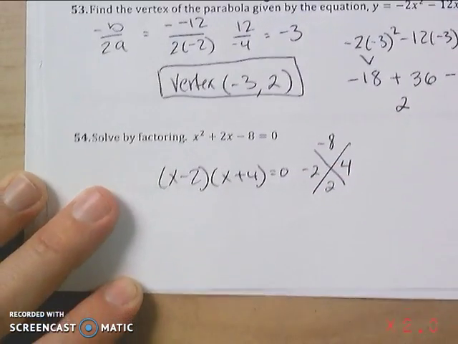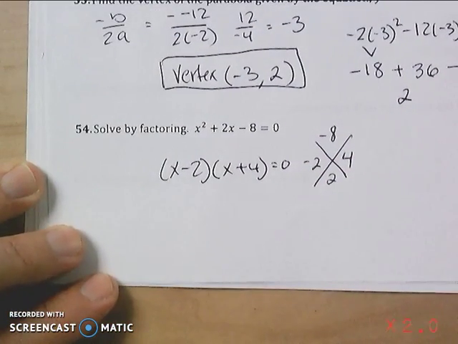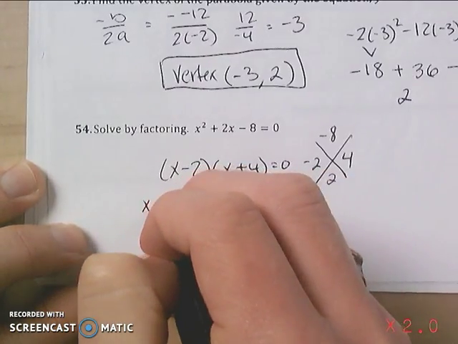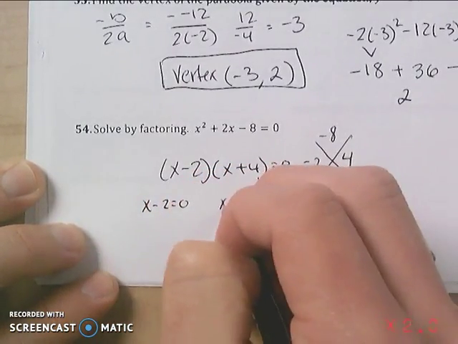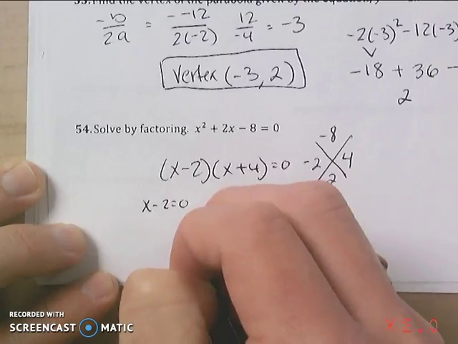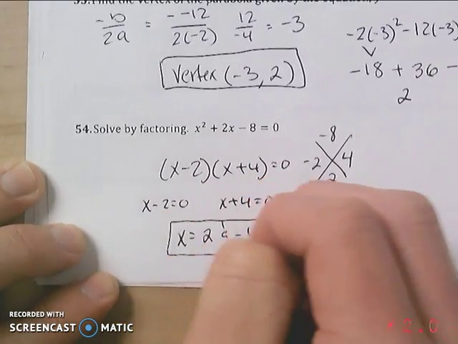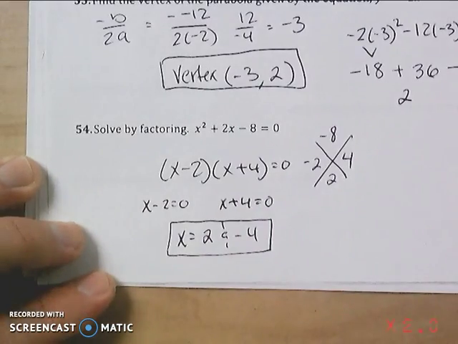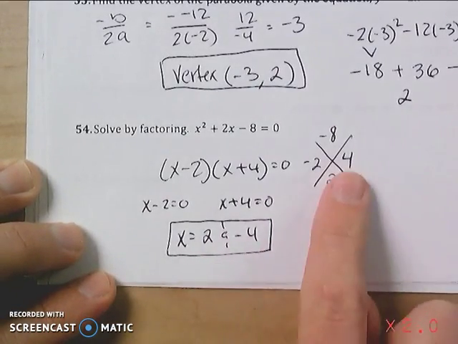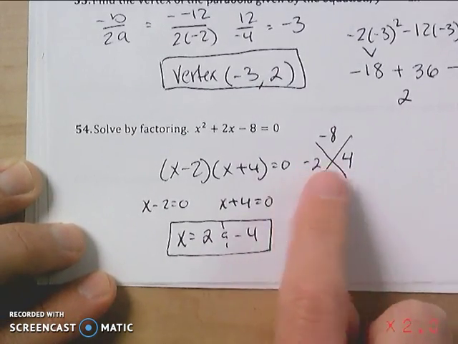This is where I use the zero product property. I set each of these equal to 0: x minus 2 equals 0, x plus 4 equals 0. That means x is going to equal 2 and negative 4. Notice my answer on the basic x factor is just the opposites of these two.